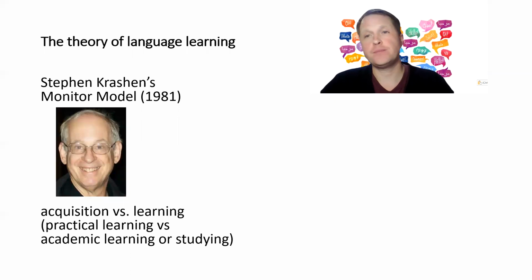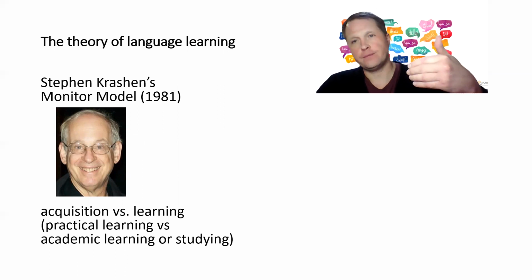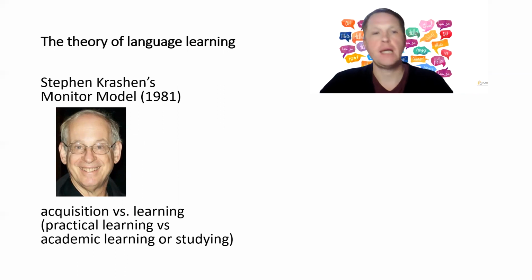So specifically, just a quick review of those methods. According to Krashen, there's a distinction between the acquisition of language as a child and the learning of language as an adult. So practical learning versus academic learning or studying.